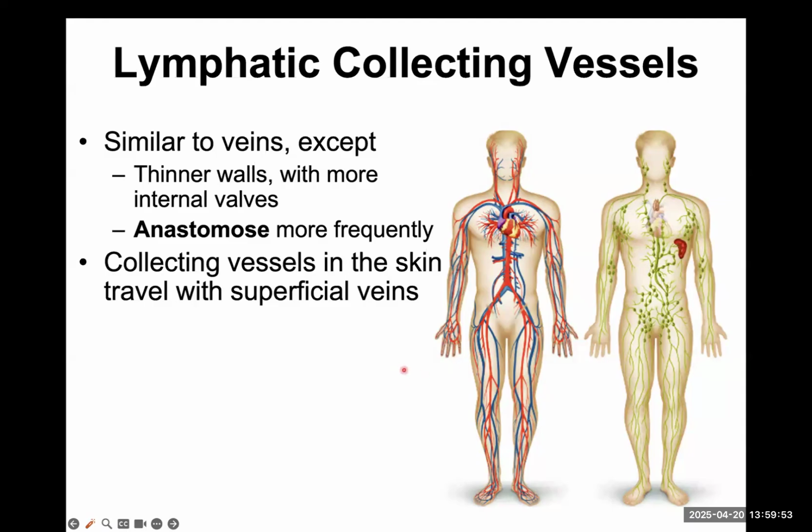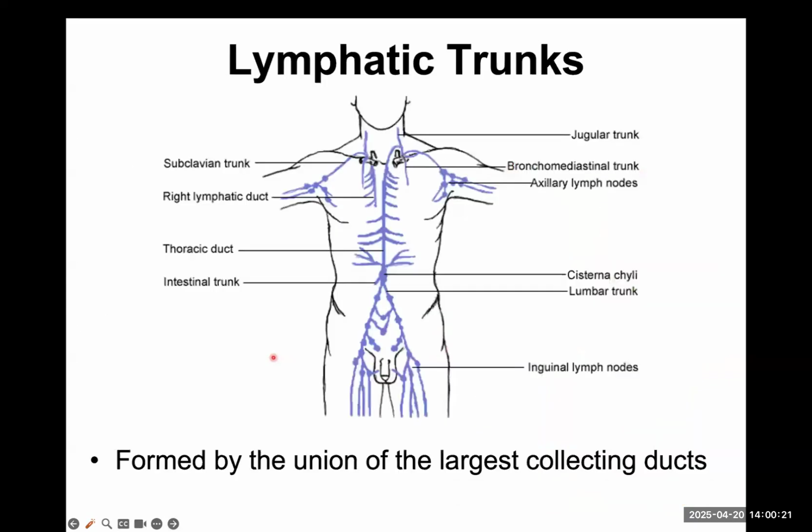So collecting vessels in the skin will travel with the superficial veins, and the deeper vessels travel with the arteries. The ones traveling with the arteries are squeezed by them, and the other ones are being squeezed by the muscles. You remember I told you that the veins get squeezed, and that's how there was some velocity in the blood, because they were getting squeezed by the muscles.